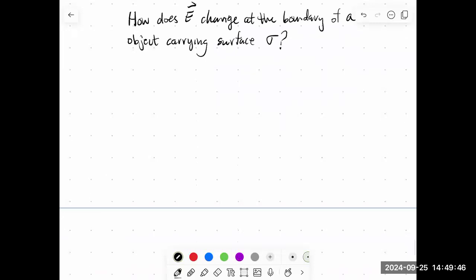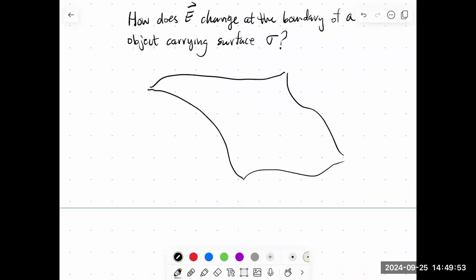Well, we have the tools to answer that question. I'm going to draw an arbitrarily shaped surface with charge density sigma. And this surface separates two regions of space.